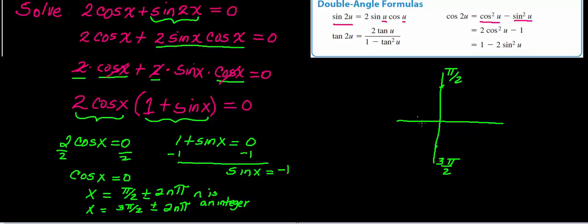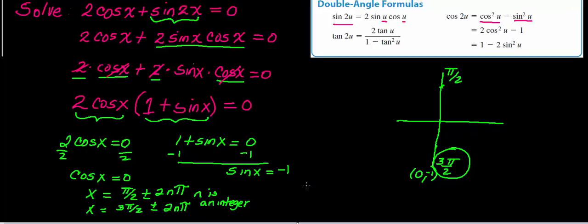When I look at this sketch here, I know that the sine is going to be negative 1 only at 3 pi halves. That's the only place where the sine value is equal to -1. Remember the coordinates at 3 pi halves. Sine is -1. Nowhere else does this happen.